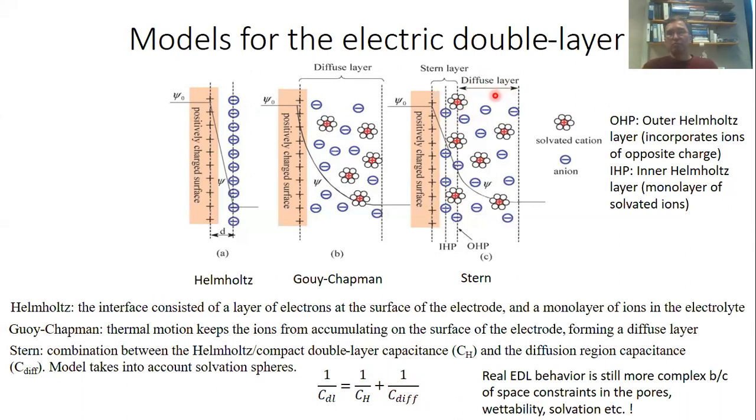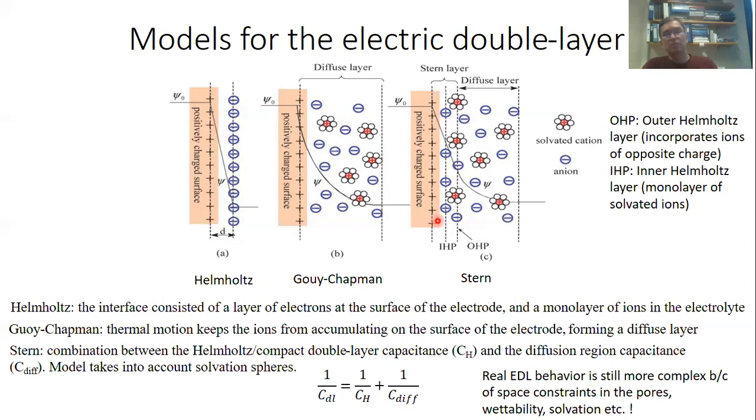So this model is, of course, still relatively simple because it assumes flat surfaces. In reality, we do not have flat surfaces because we work with activated carbons as electrode materials. These surfaces are often highly curved.